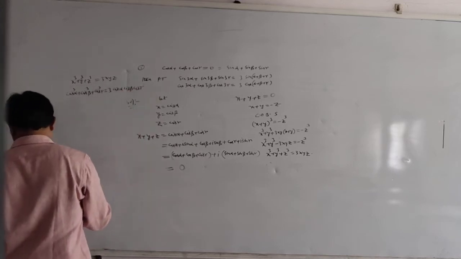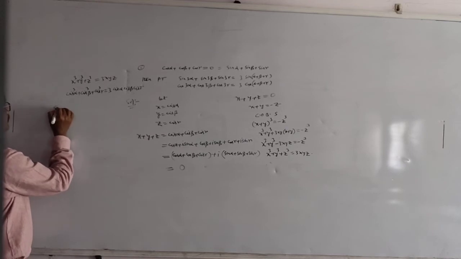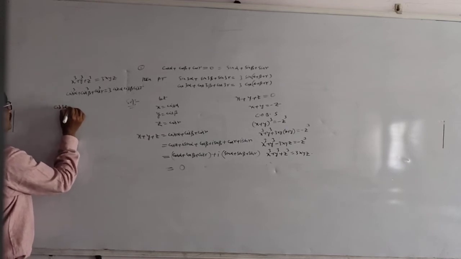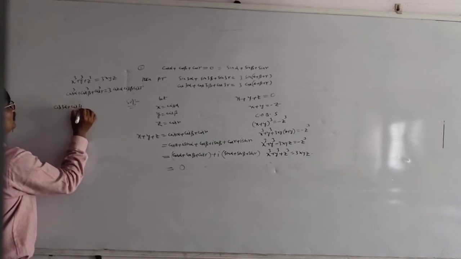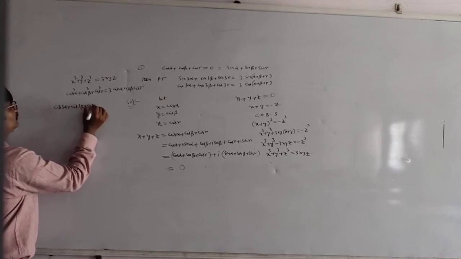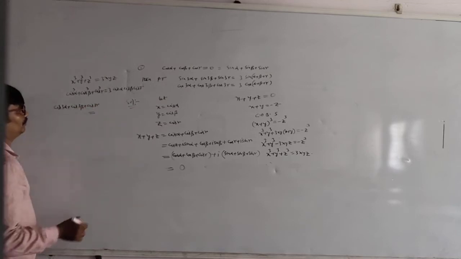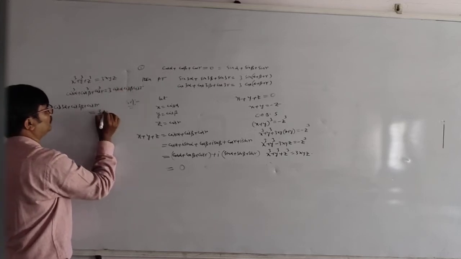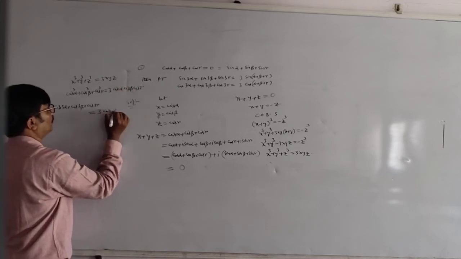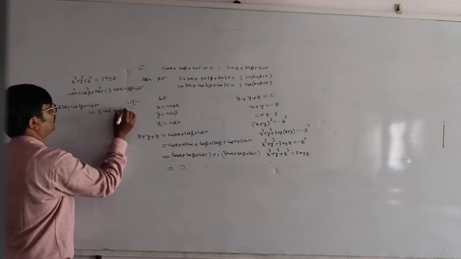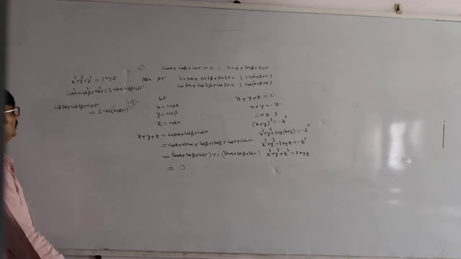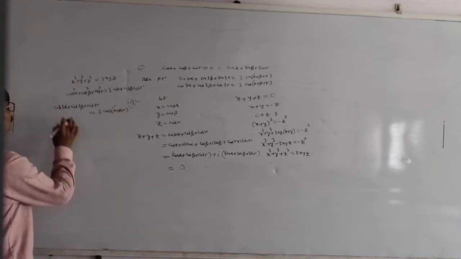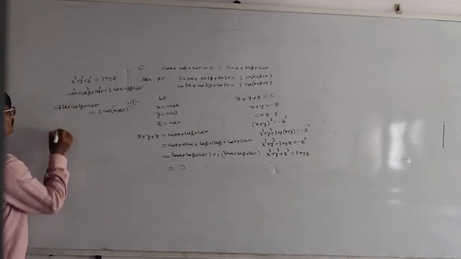So students, how can you write this? It is cis of 3 alpha, cis of 3 beta, cis of 3 gamma equal to 3 into cis alpha into cis beta into cis gamma. This is cis of alpha plus beta plus gamma. Now students, we can remove the cis.